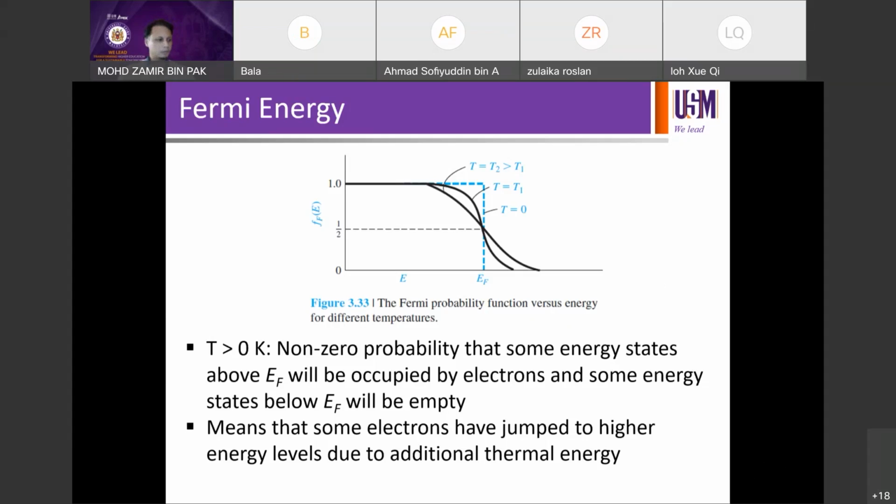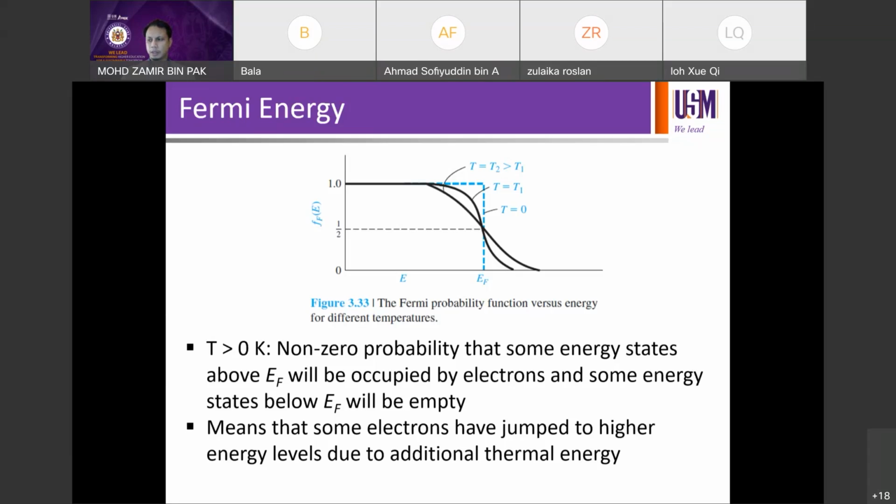We have discussed the Fermi-Dirac distribution function, and we discussed the shape of the function at different temperature conditions. The first one is T at 0 Kelvin, where we have a step function.